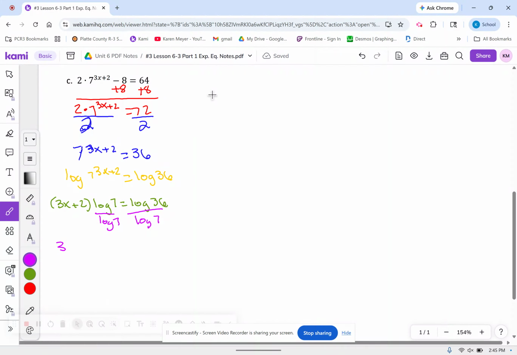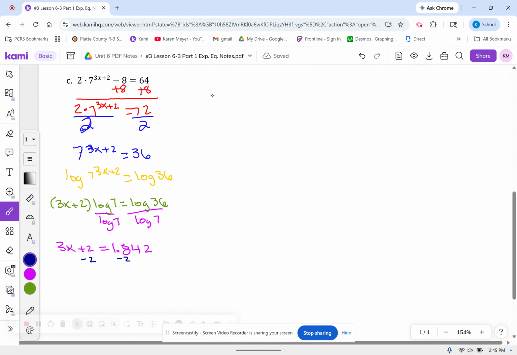So then I have 3x plus 2 equals, and then on your calculator, hit the log key, 36 divided by log 7, and you should get 1.842. And then solve this like a regular equation.